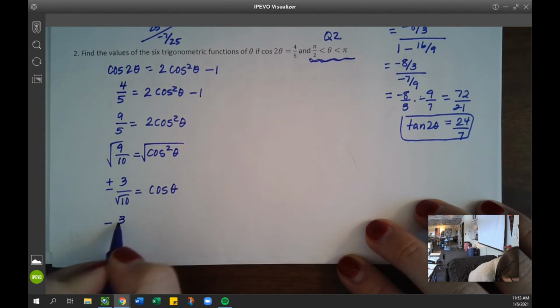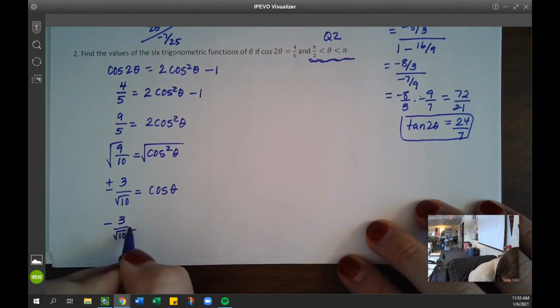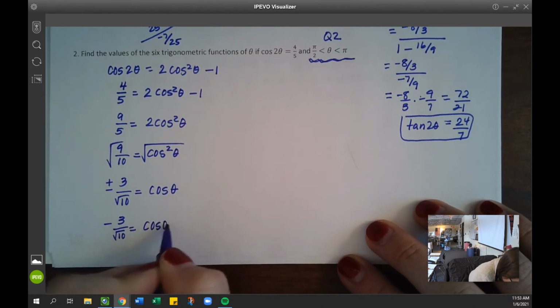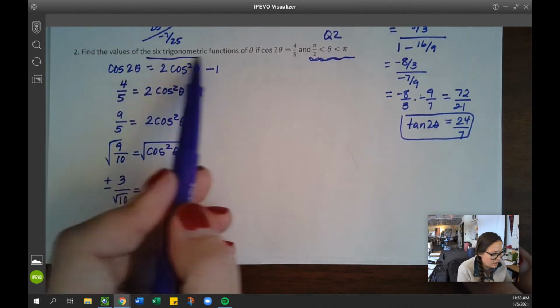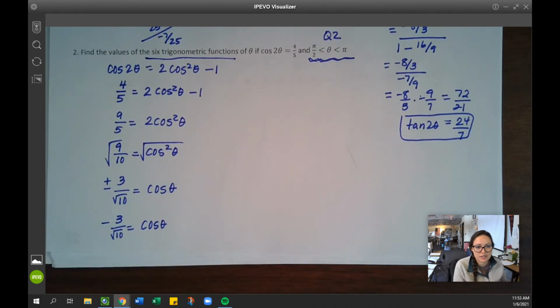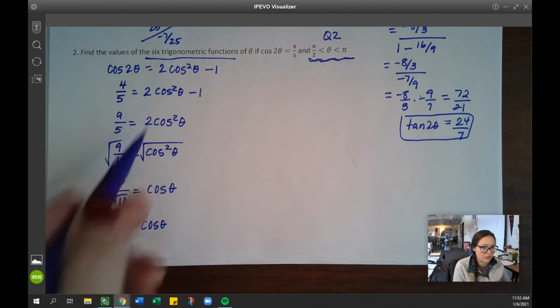So we have negative 3 over the square root of 10. And you might be thinking, wait, don't I have to rationalize the denominator? Yes, we do. However, just for the time being, I'm going to leave it like this because what we're going to do now is create a triangle based off this to find the other trig functions instead of going through all these identities every time.